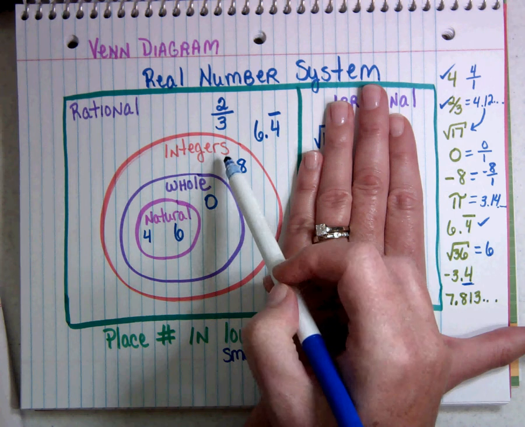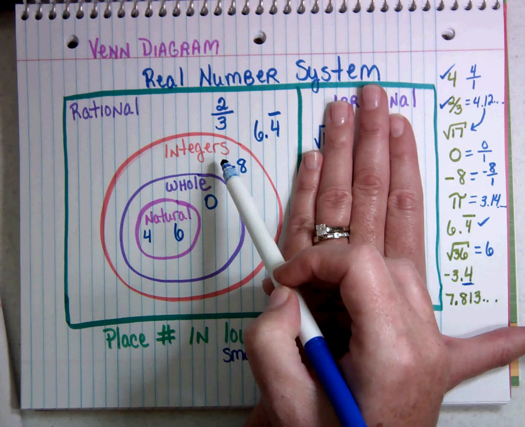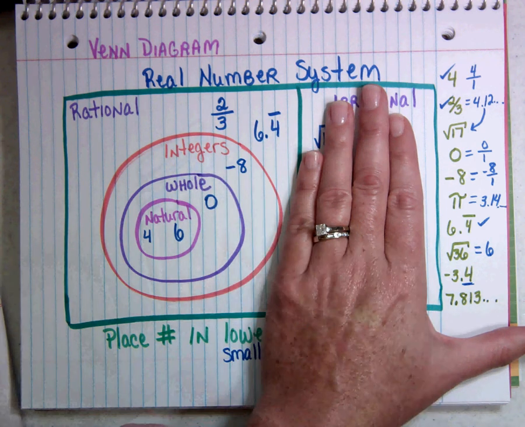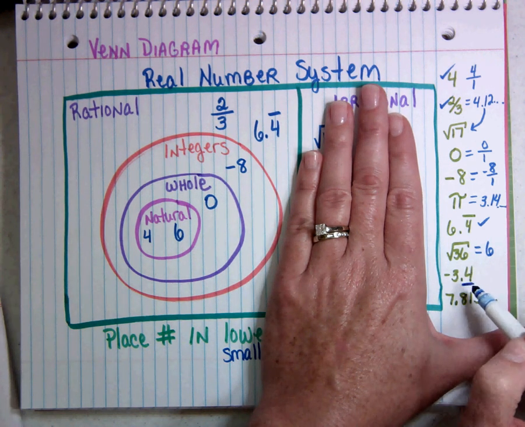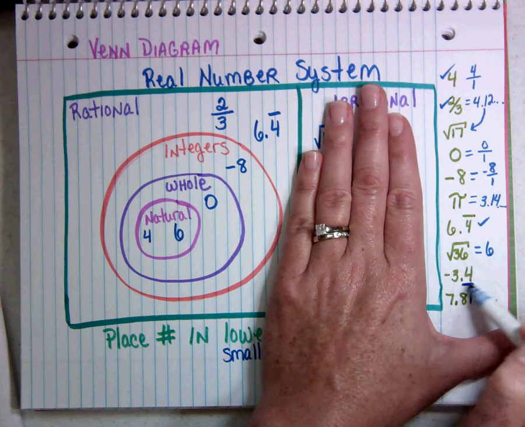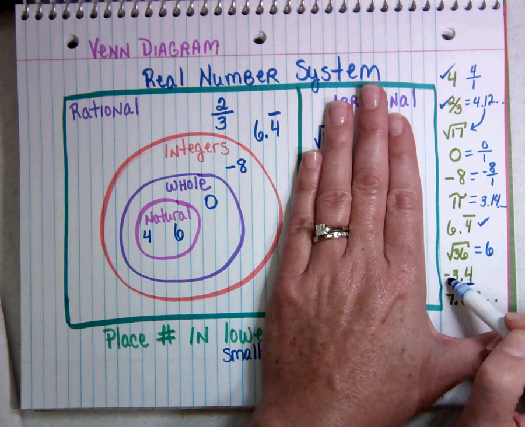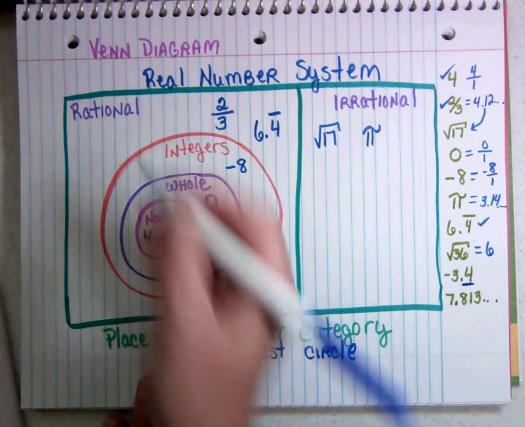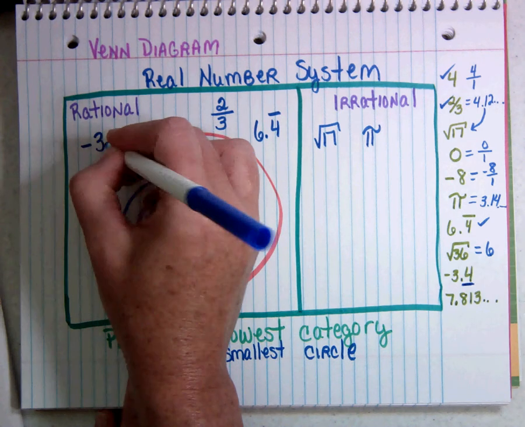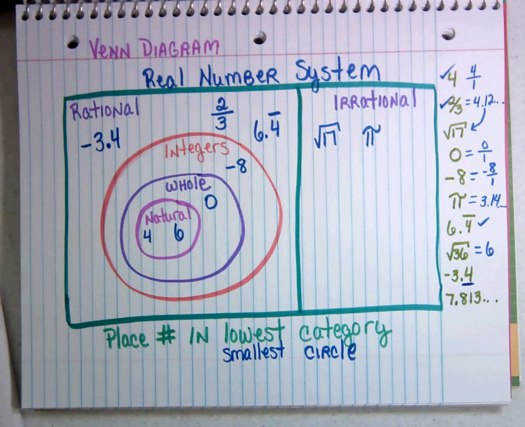Is it an integer? I hope you said no, because again, it has a decimal part. Remember, integers cannot have a fraction or decimal part to it. So just because it's negative does not mean that it is an integer. So the only thing that this is is rational and a real number.